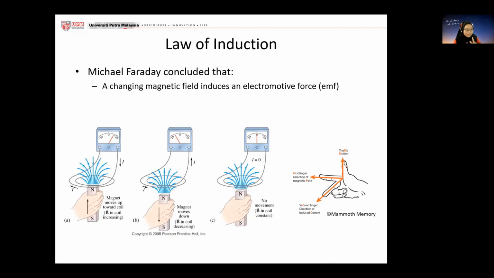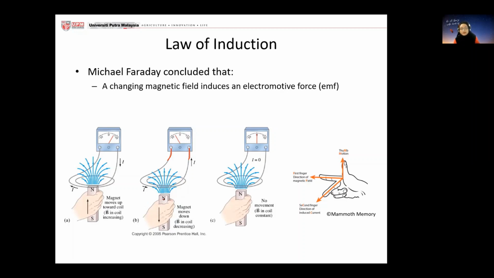But one thing that I have to highlight, the thumb that shows the movement is not the magnet. It's the coil, because you have to look at what exactly the current is moving through. In this situation, it's the wire. It's not the magnet that we are testing. We're testing the wire.